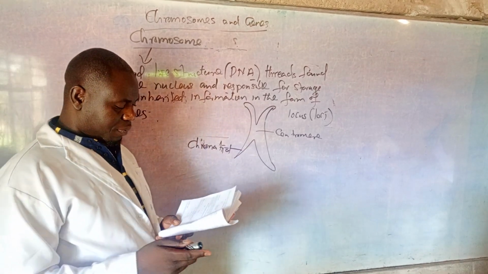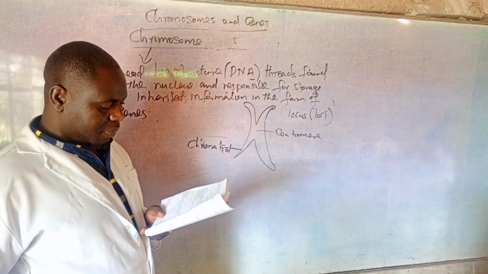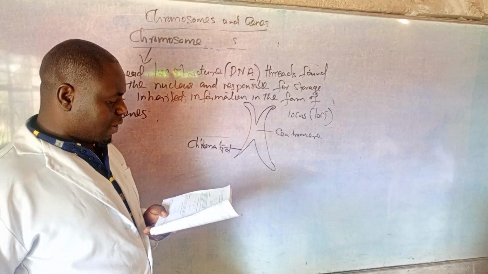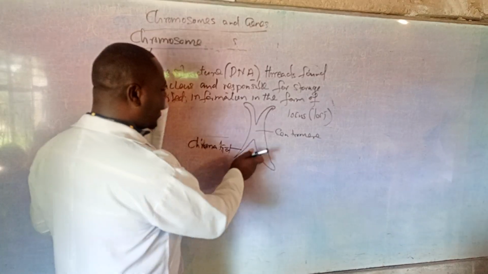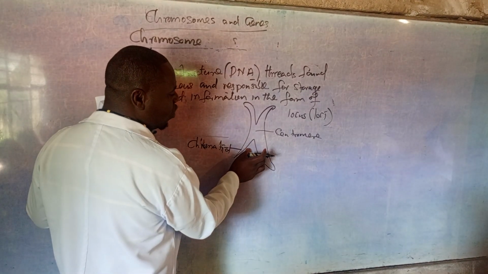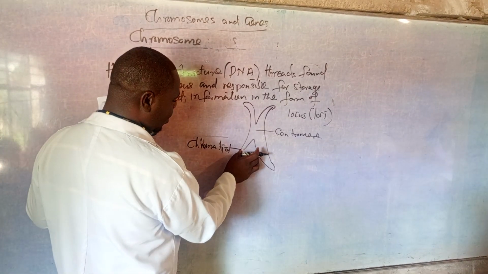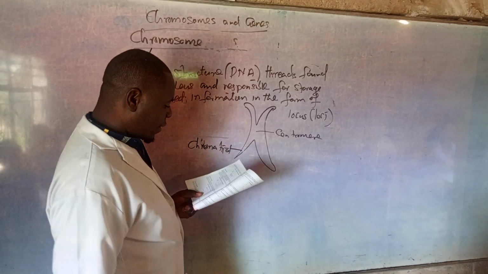The chromatids that are found on the same side we call sister chromatids. Clear?